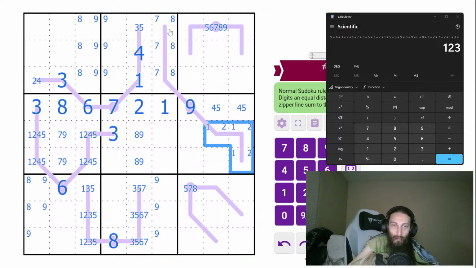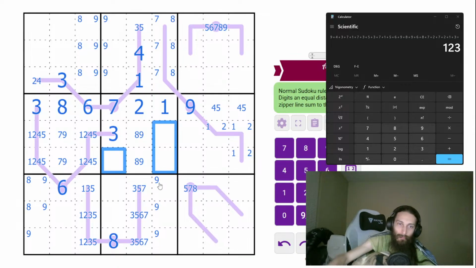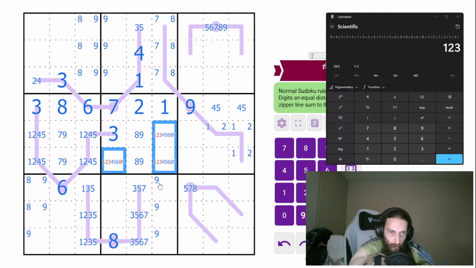Except I could still do a 7 or an 8 over here. Oh, right. Yeah, I forgot about that. Well, I couldn't put an 8, but I can put a 7 and a 2. Yeah, I forgot about the reversing them. 7, 1, 2, 3, and 8, 9.